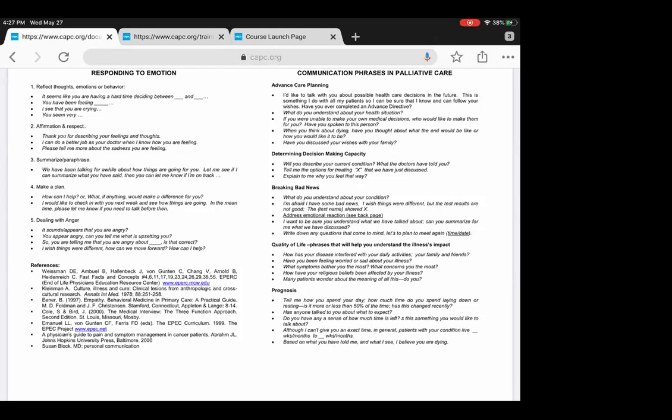Learning how to have these conversations, but then also documenting to where everybody knows what the goals are to the patient, so that it's clear for everybody.